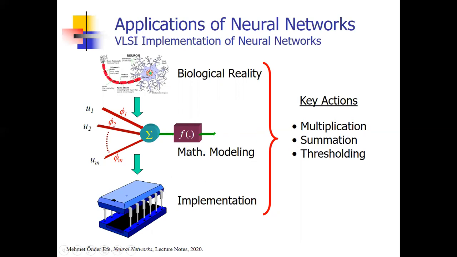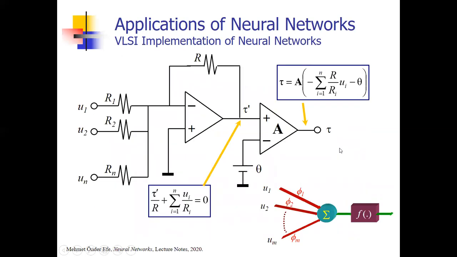The key actions within this kind of chip are multiplication, summation, and thresholding. Some of you are from electrical engineering, and the others are taking the introduction to electrical engineering, circuit analysis like courses. So there are two operational amplifiers here. One of them is for the nonlinear activation, okay?